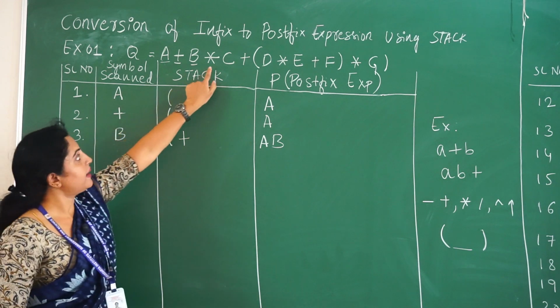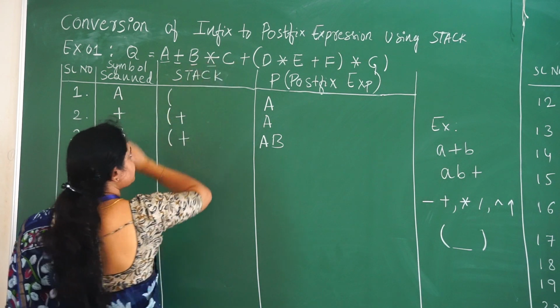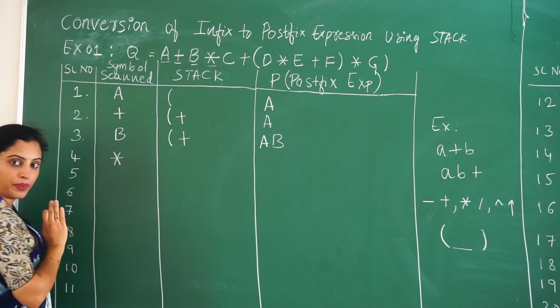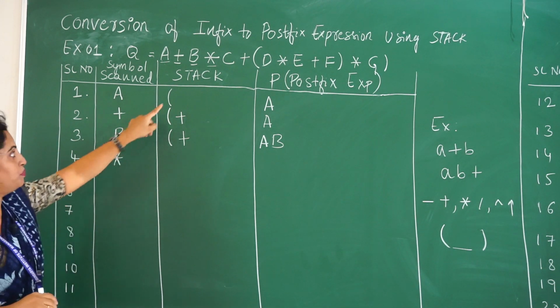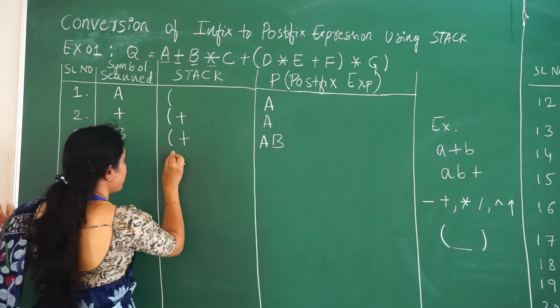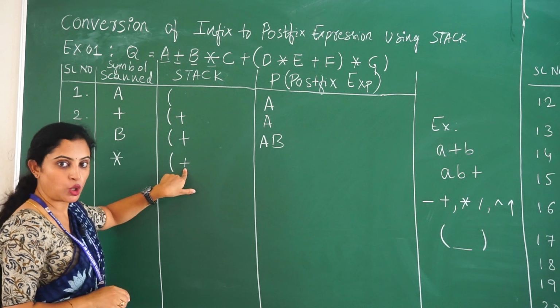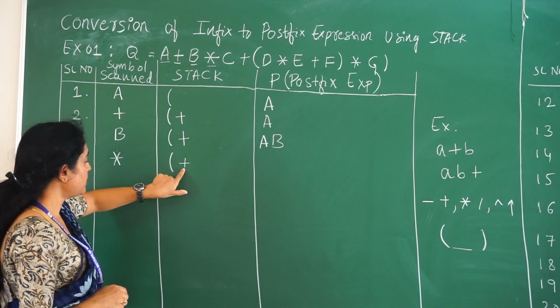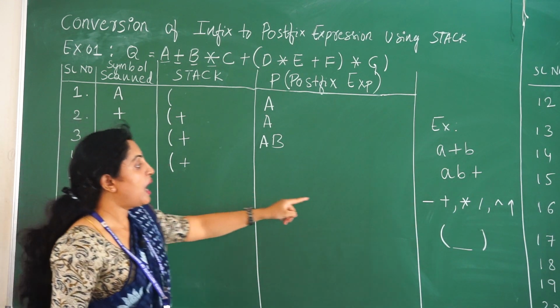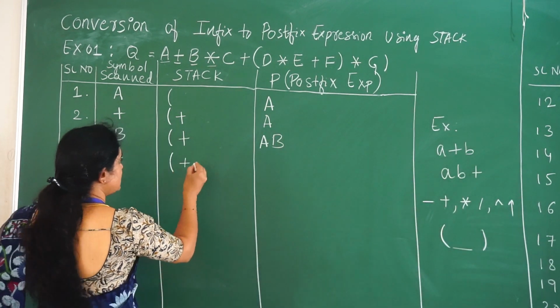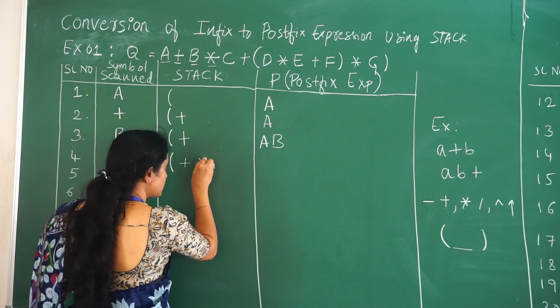The next scanned element is asterisk. Asterisk is an operator, so we have to place it inside the stack. At the top of the stack we have the plus operator. Asterisk has higher precedence than the plus operator, so we can place the asterisk in front of the plus.